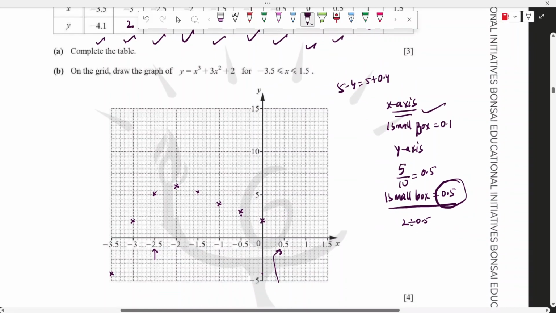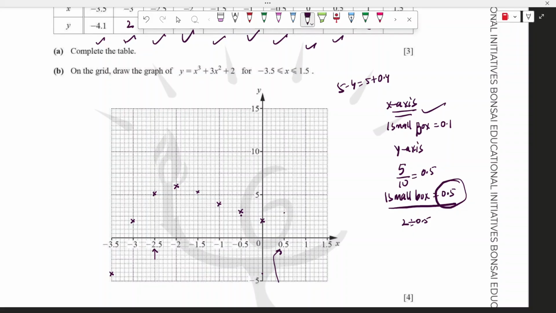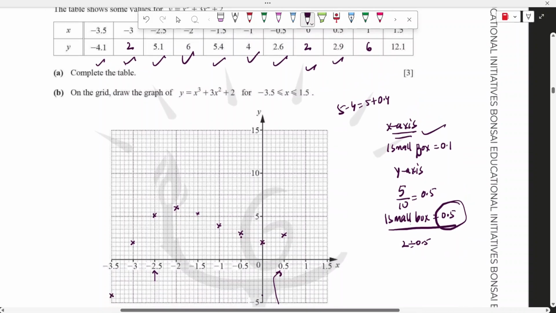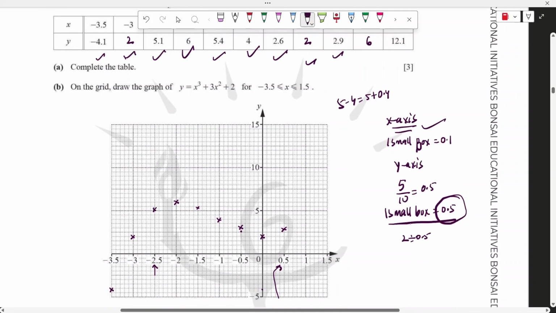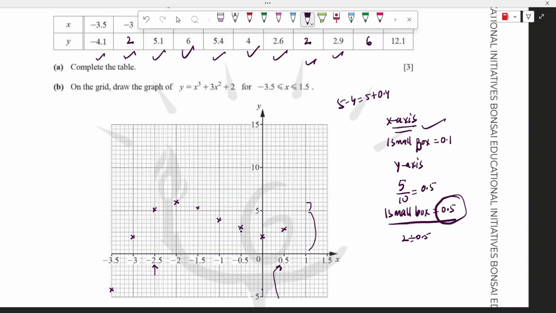So this would be approximately on 3, and let us draw this here. Okay, the next point is 1, 6. This is 1, and 6 is 5 and 2 boxes above 5, so we are going to get 6 here.